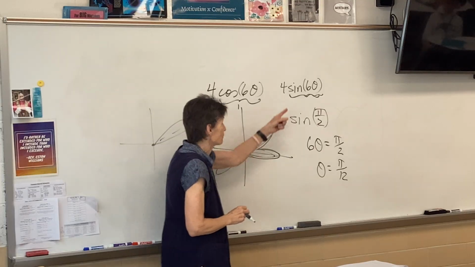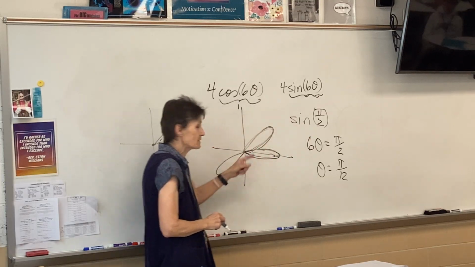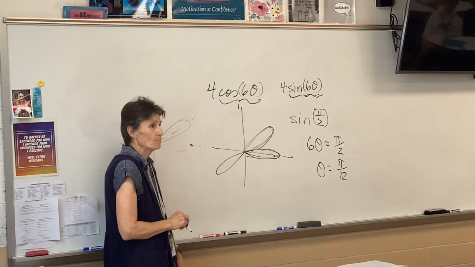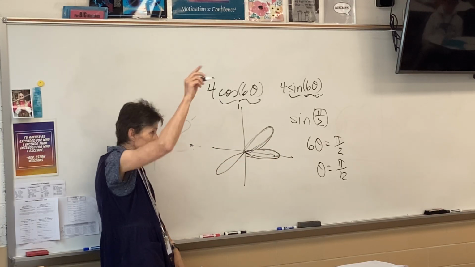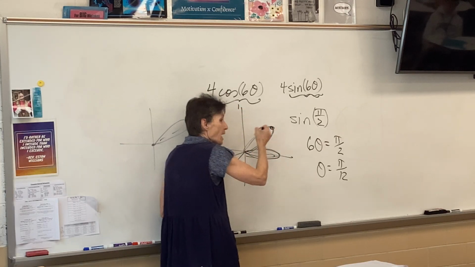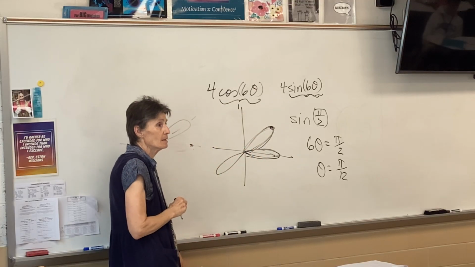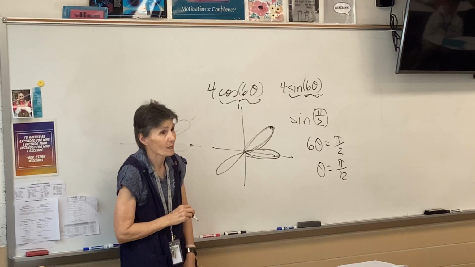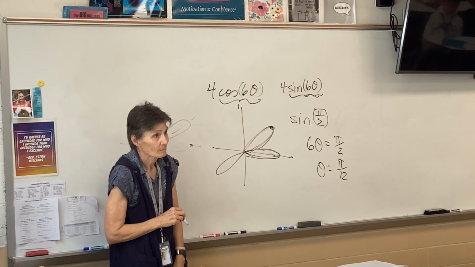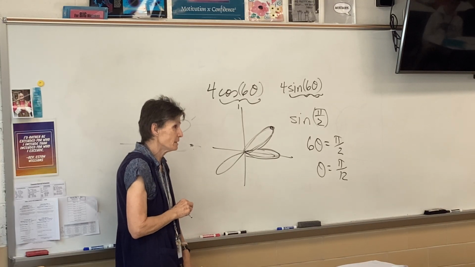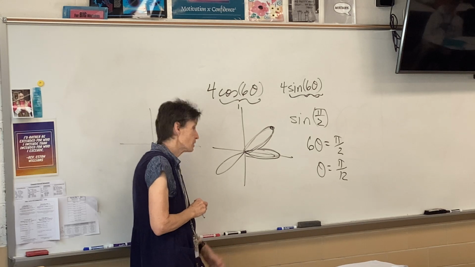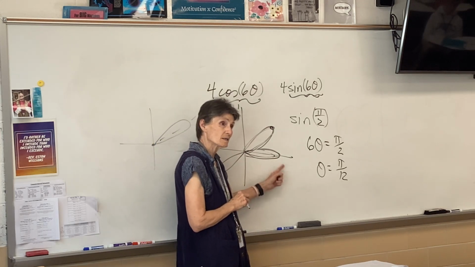Because with this problem, the first leaf is at pi over 12. Your leaves out here, this is where your sine and cosine are the biggest, and they are the biggest when they are 1. And sine is 1 at pi over 2, not at 0. Cosine is 1 at 0.